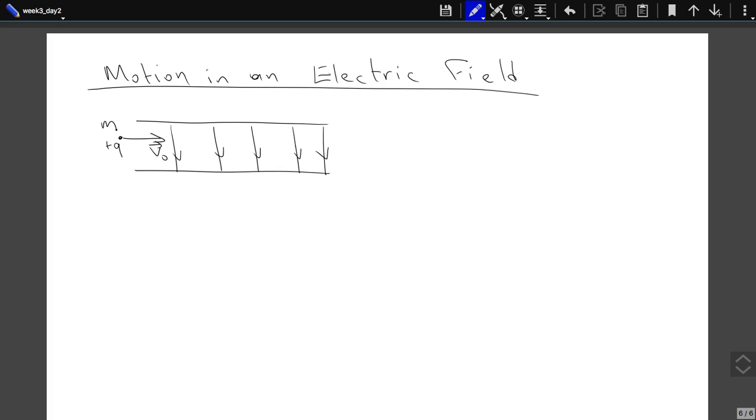So what is the force acting on this charge when it enters this field? Q times E. Let's say this plate has charge plus sigma, this has charge minus sigma. So what is E?